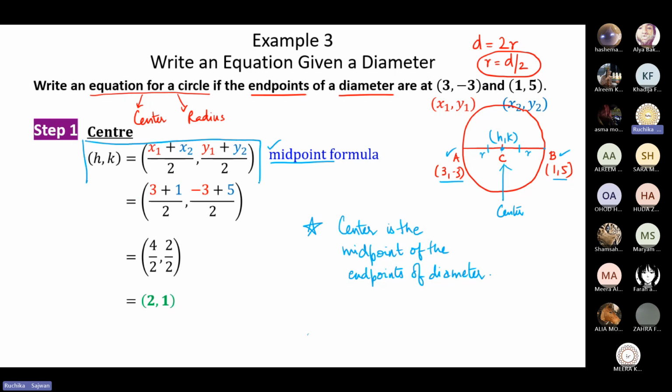I again put a star so that you know it's important. So whenever in a ministry question you need to write the equation of a circle, you need to find the center, you need to find the radius, and the diameter endpoints are given, you will always go for the midpoint formula. Is this step okay? Yes. So we got our h, we got our k. What is remaining now?